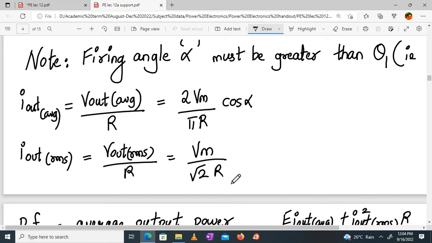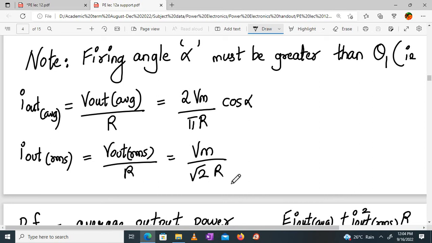Average current flowing through the inductor is constant, so its voltage drop is zero. That's why we have written it like this. So I out average will be V out average upon R, that's it.